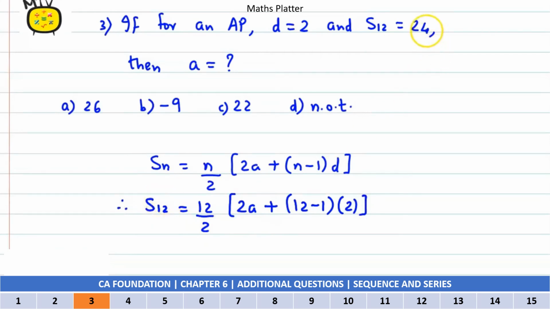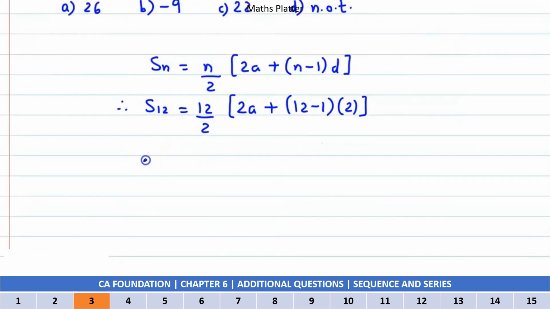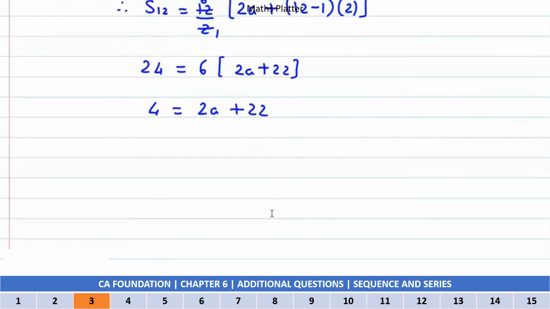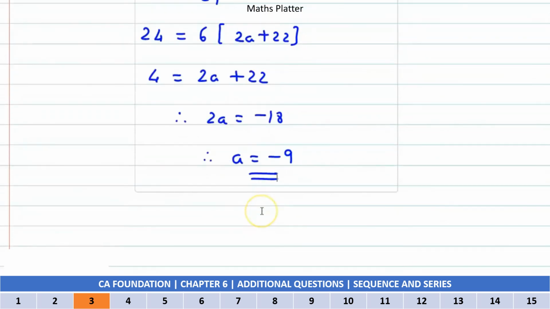S12 की वैल्यू हमें दी हुई है 24, तो यहाँ पर हम 24 लिख लेते हैं. सो 24 इज इक्वल टू, ये 2 1 जा 2 6 जा 6 टाइम्स, अब ब्रैकेट में आएगा 2a, ये हो जाएगा 11 इंटू 2, सो दैट इज 22. ये 6 को यहाँ डिवाइड कर देते हैं, 4 इज इक्वल टू 2a प्लस 22, सो देयरफॉर वी हैव 2a इज इक्वल टू माइनस 18, सो देयरफॉर द फर्स्ट टर्म a इज इक्वल टू माइनस 9, विच इज ऑप्शन बी. सो इस क्वेश्चन का आंसर है ऑप्शन बी, a इज इक्वल टू माइनस 9.